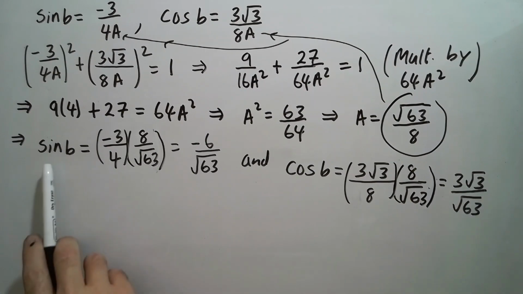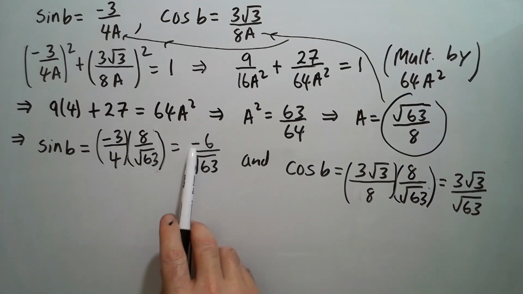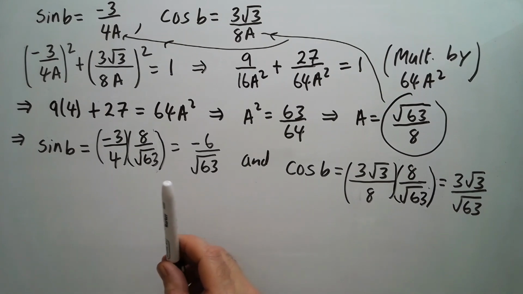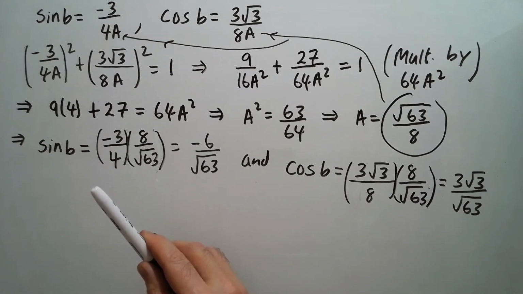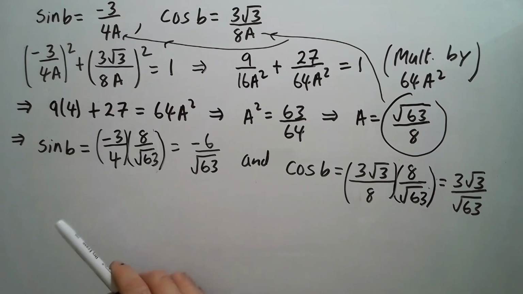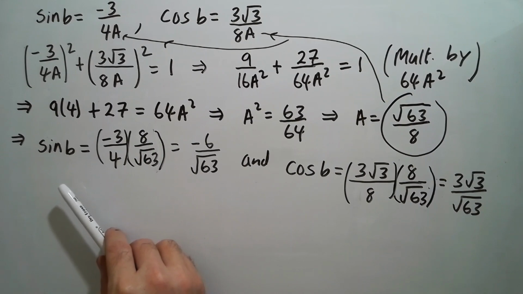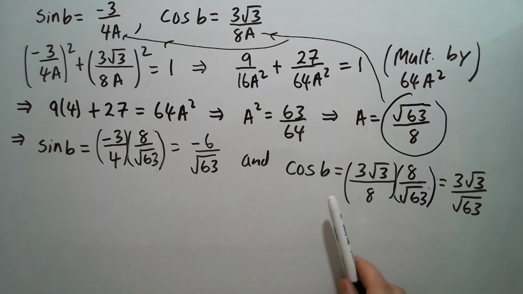Now note here the sine is negative and the cosine is positive. So if you think of your unit circle, where the sine's negative will be in the third quadrant, and the cosine is positive here.